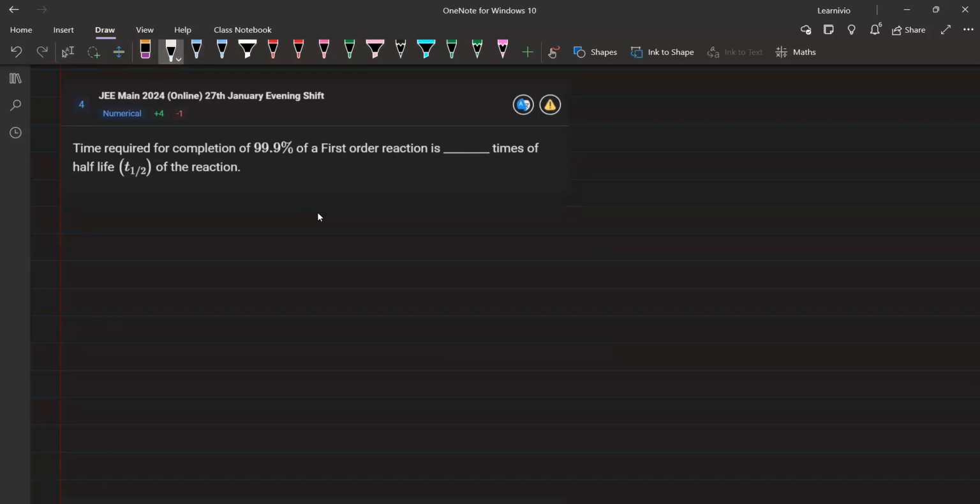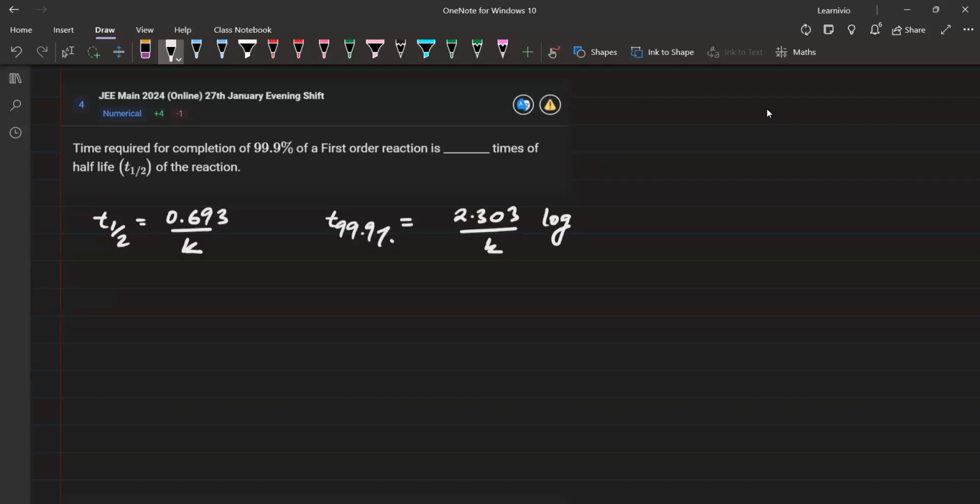We know that T half is equal to 0.693 divided by K, and T 99.9% will be equal to 2.303 divided by K log of initial 100 divided by 0.1. Whatever value comes, you then have to compare with T half.